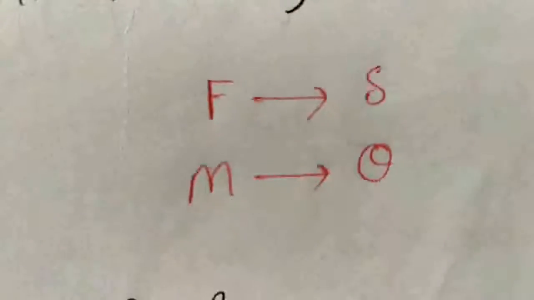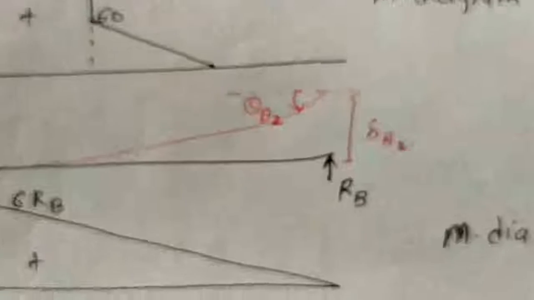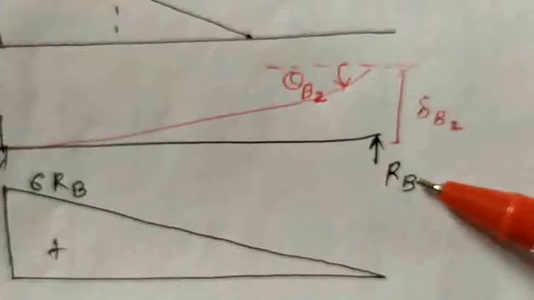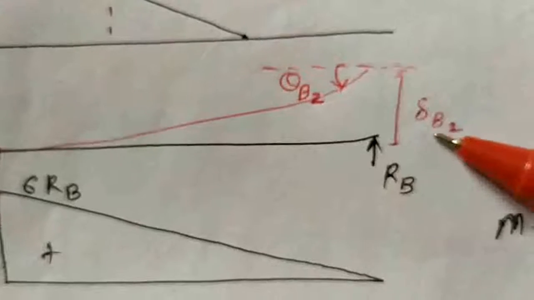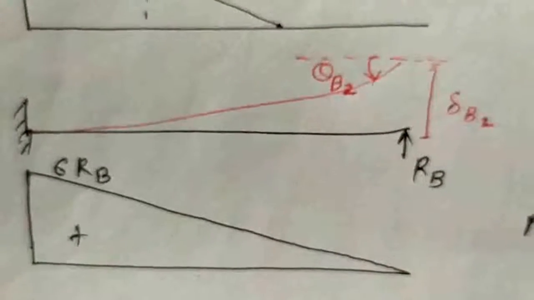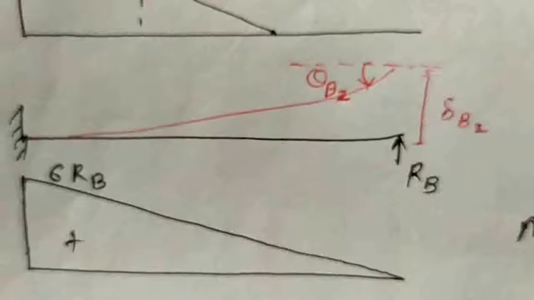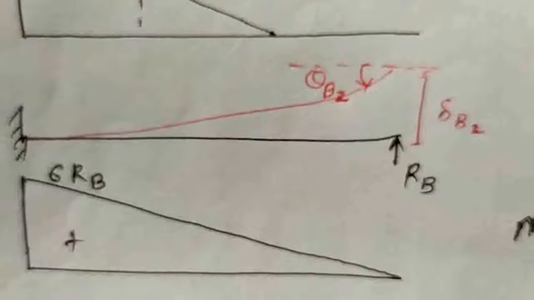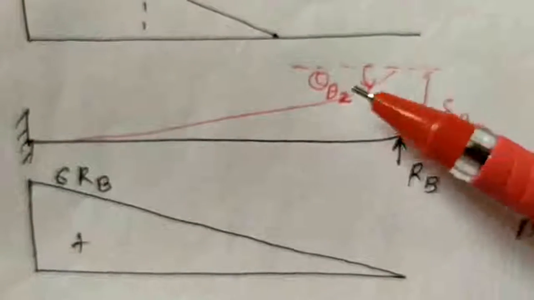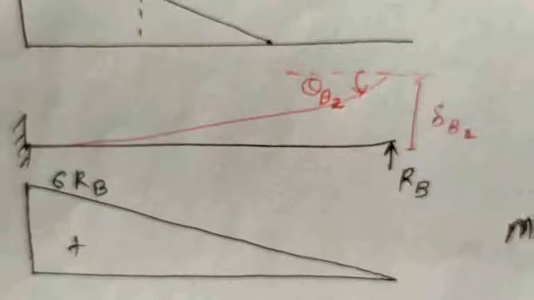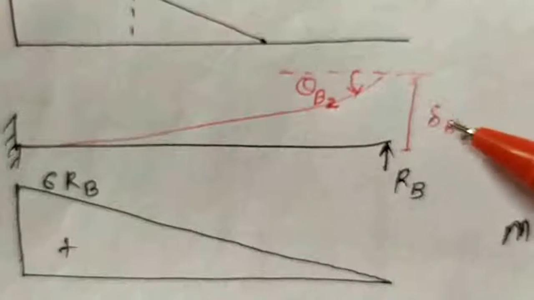Of course, because RB is a force, because of its application we are getting both displacement and rotation. But in this, you have to consider only displacement, not rotation, because RB is a force. For force, the governing deformation is the displacement.